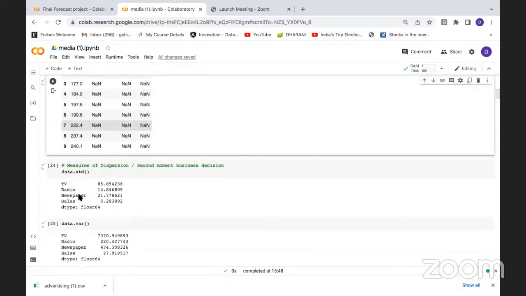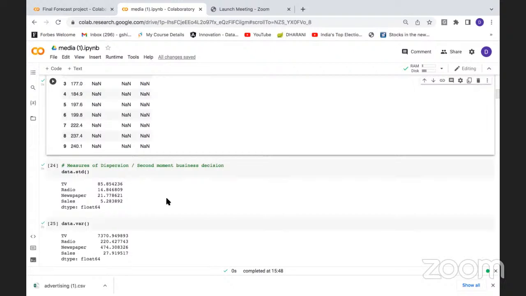If you observe, there is a variation here. In TV, you have so much variation. You have to remember one point when we are discussing the variance factor: you should have good variation.